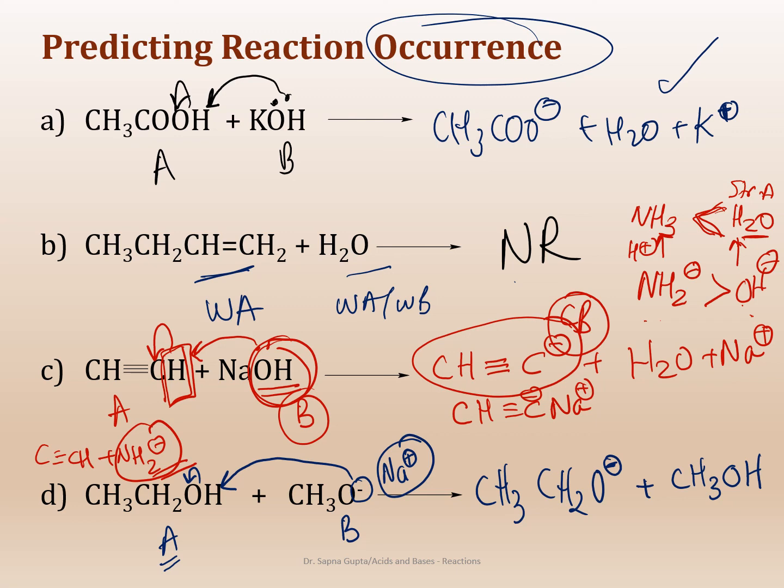Okay, so these are the products that we get. Now to predict whether this reaction is actually going to happen or not, we need to look at the products and see if they are weaker acids and bases than the starting materials. It's easier to just compare the bases, because we know this is a base, it's negative, and this is the conjugate base. Looking at these two bases, which is a stronger base?